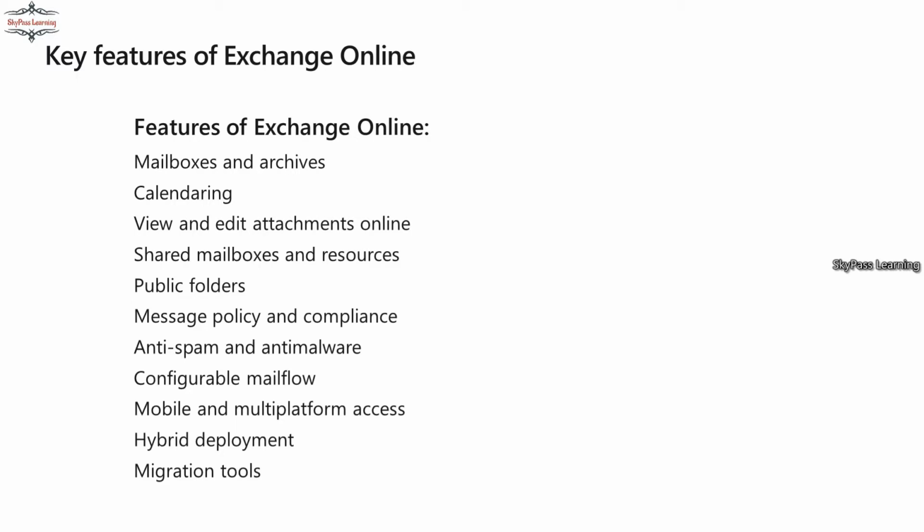So when you're starting with the key features of Exchange Online, the first thing we have is an option of mailboxes with large size along with archive functionality. In on-premises, this feature is available since Exchange 2010, but now it's available in Microsoft Exchange Online also in the 2013 and 2016 release.